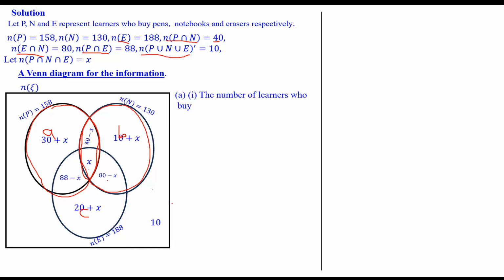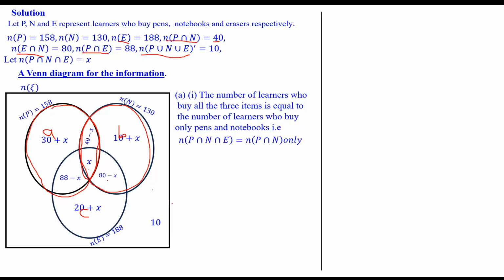So we proceed and say the number of learners who buy all the 3 items is equal to the number of learners who buy only pens and notebooks, i.e. number of P intersection N intersection E is equal to number of P intersection N only. According to this diagram, the number of learners who buy all the 3 items is represented by x, and the number of learners who buy only pens and notebooks is represented by 40 minus x.